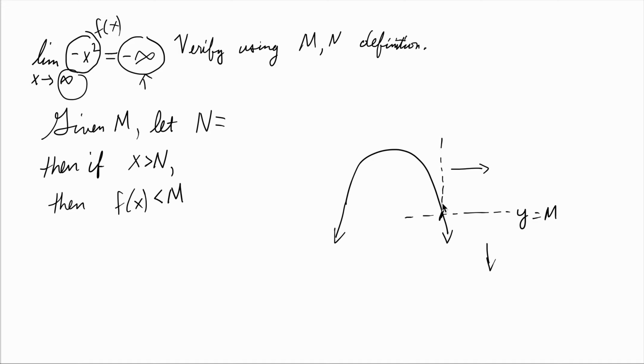This position right here, x, would be a good candidate for N, because if x is bigger over here, then the values of the function are going to be less than M, going downward.